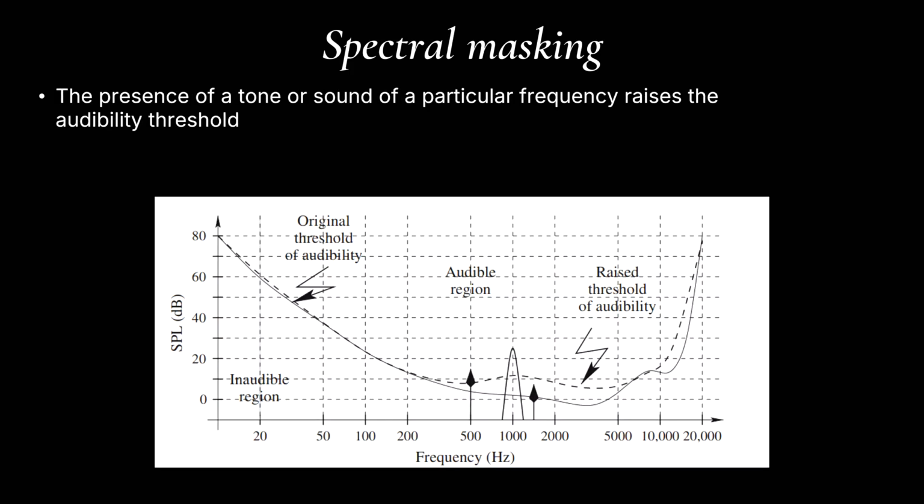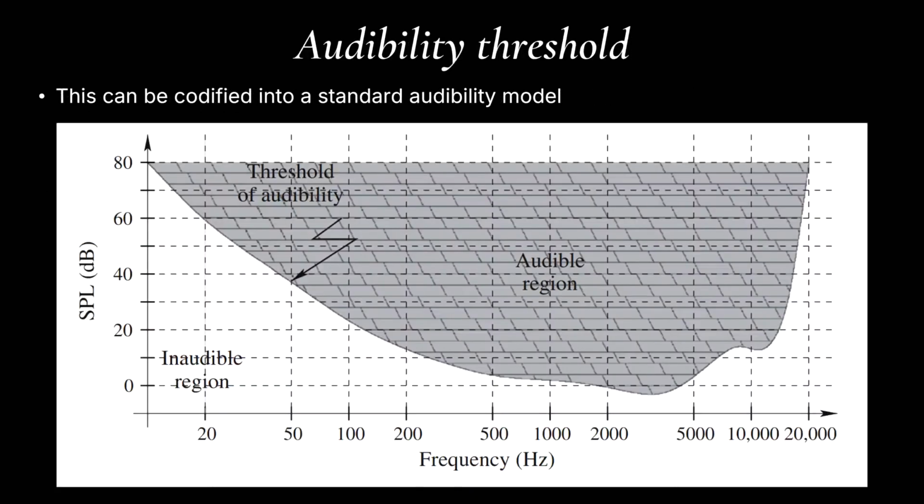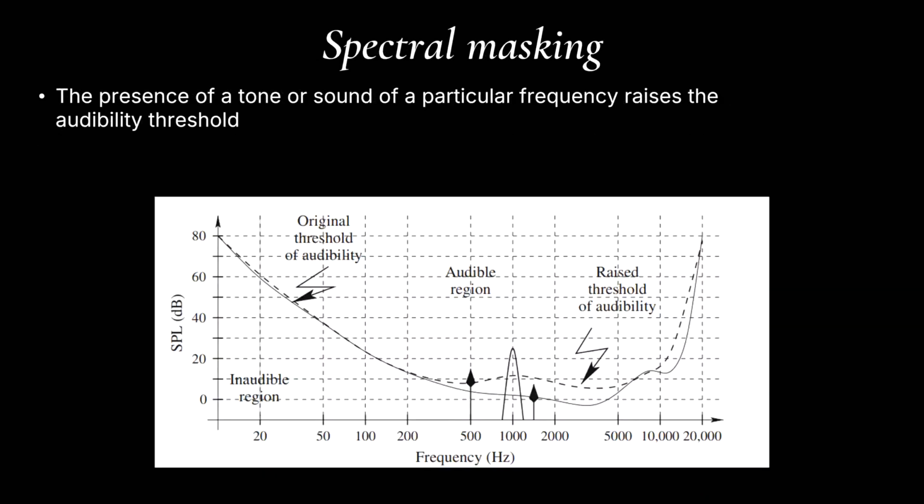So the presence of a tone being there causes a raising of the audibility threshold. Remember we talked about this audibility threshold back here? We've got this threshold of audibility, which basically says that if we pass down below it, we can't hear sounds. Well, look, we've actually adapted that now. And this diagram here is okay. You can see you've got a 1K tone there, represented by that spike.